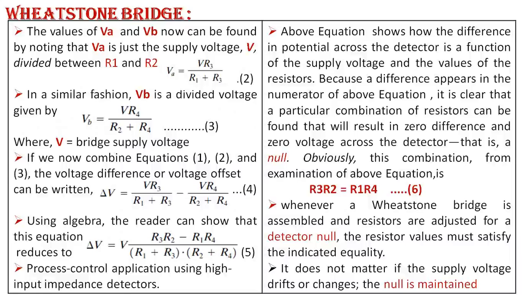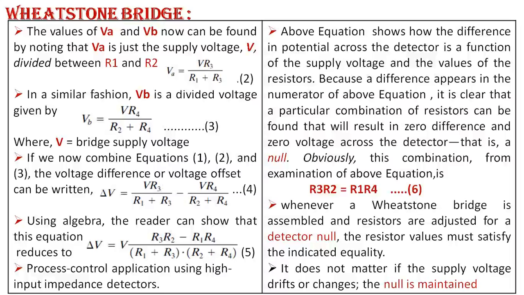Noting that VA is just the supply voltage V divided between R1 and R3, VA is equal to R3 upon R1 plus R3 into V. In a similar fashion, VB is a divided voltage. VB is equal to R4 upon R2 plus R4 into V. So those are equations 2 and 3.